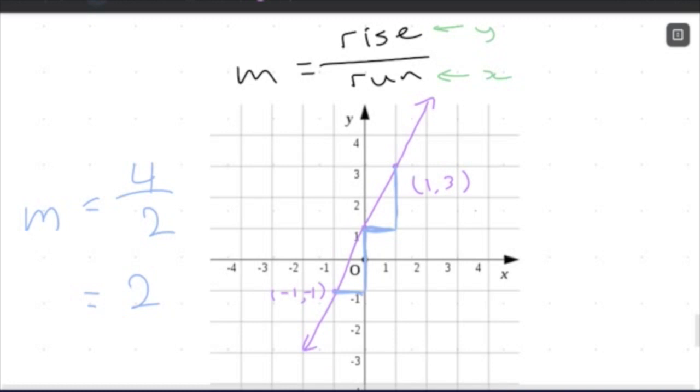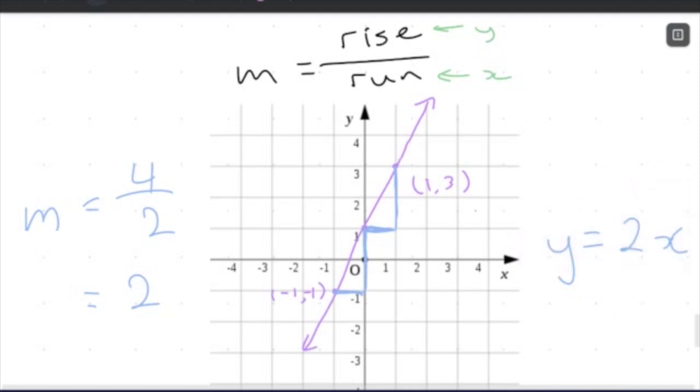Because all our gradient's telling us is how much y changes with x. Here, when x goes up by 1, y goes up by 2. So we can actually write this as an equation as well, because y just equals 2 lots of x, because it goes up 2 units every time x goes up by 1. So something like this would be the actual equation of our line, of our linear relationship.